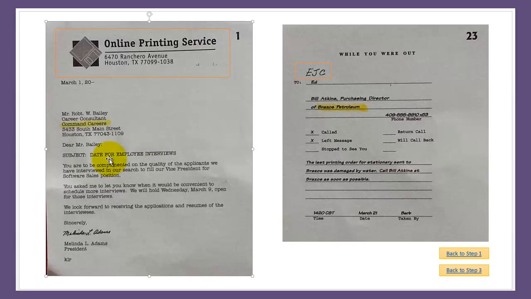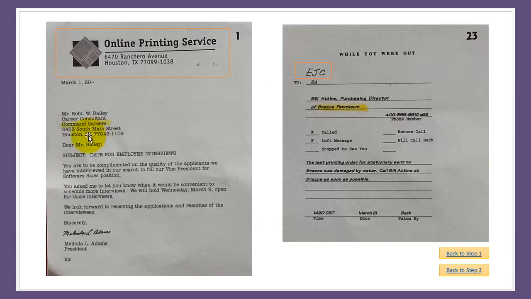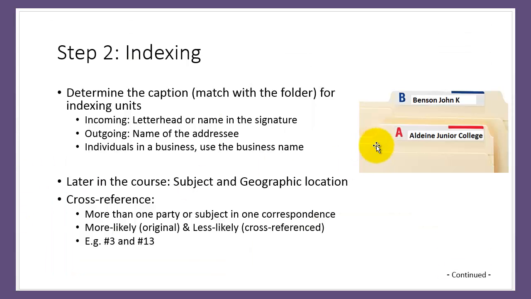When that is not clear, you can also use the folder labels. So if there's already a folder, what's the name of the company? Command Careers. So you may find a folder with the label Command Careers, and that's a good indicator. That's what the caption of the correspondence would be.